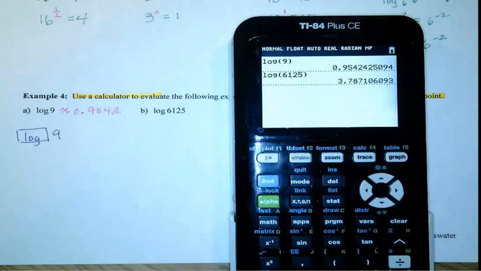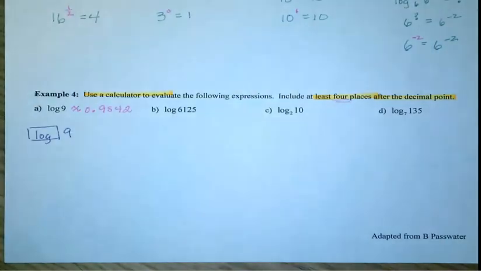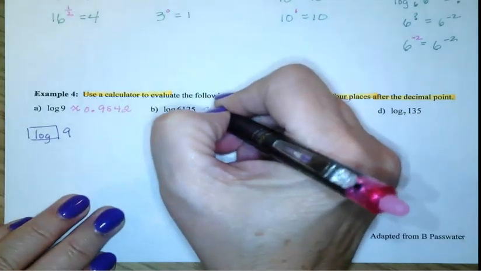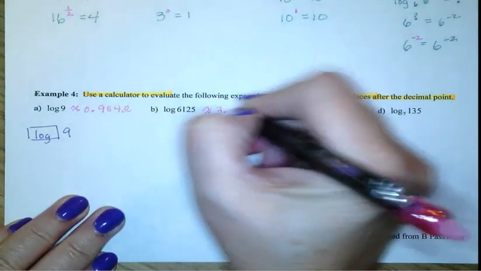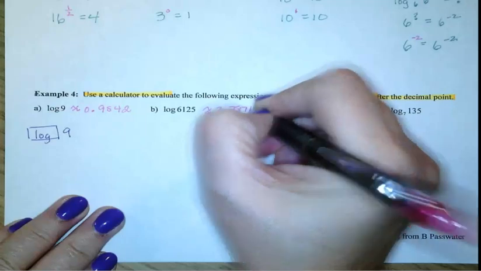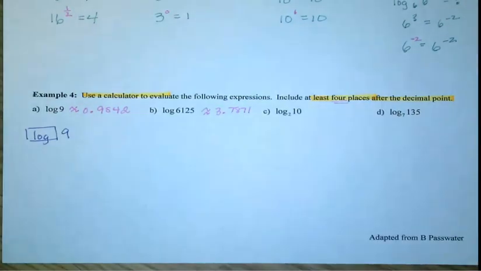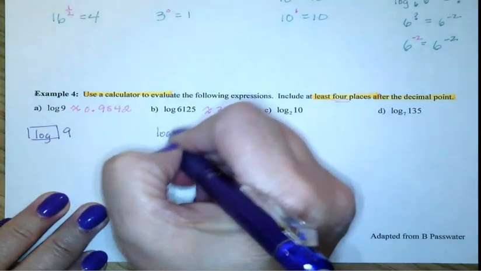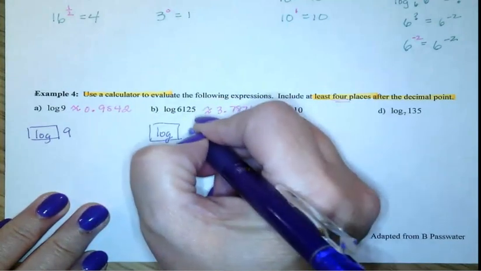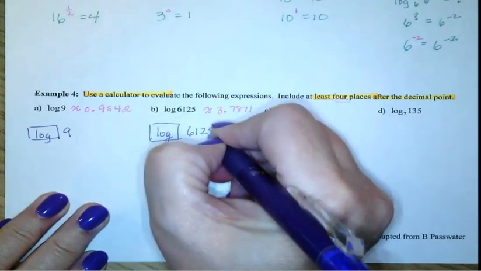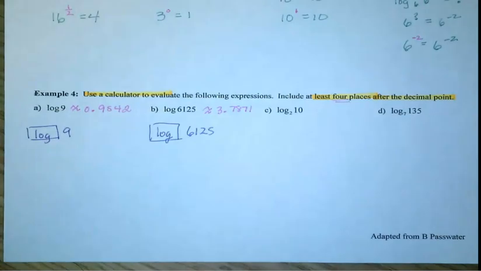So we're going to go 4 decimal places after the decimal. So my answer here is going to be approximately 3.7871. And what we put in the calculator, again, was the log button, and then we typed in 6125 and closed that parenthesis, which matters if it's a longer list.